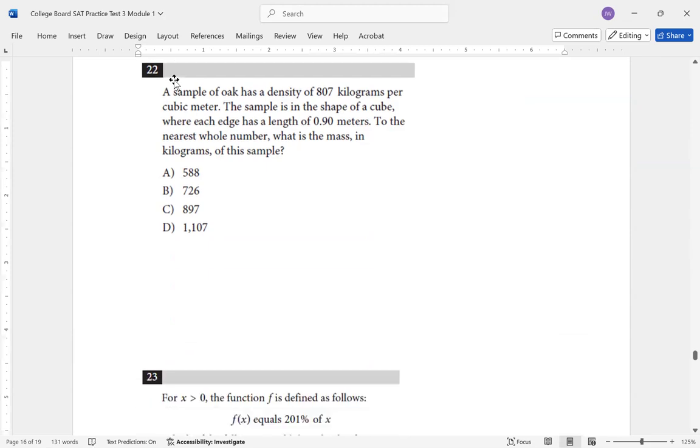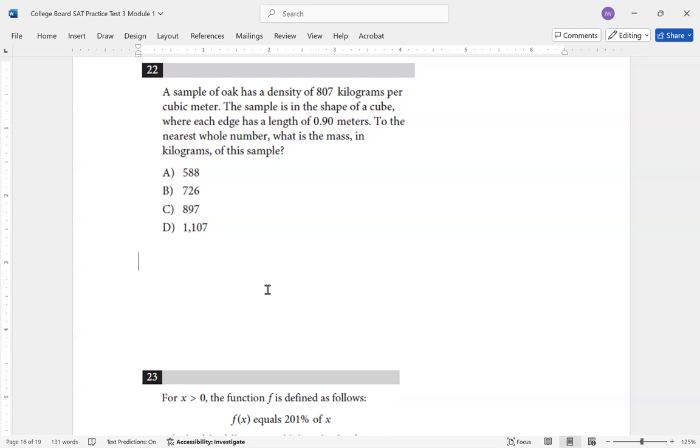Question 22. A sample of oak has a density of 807 kilograms per cubic meter. The sample is in the shape of a cube where each edge has a length of 0.9 meters. To the nearest whole number, what is the mass in kilograms of this sample?